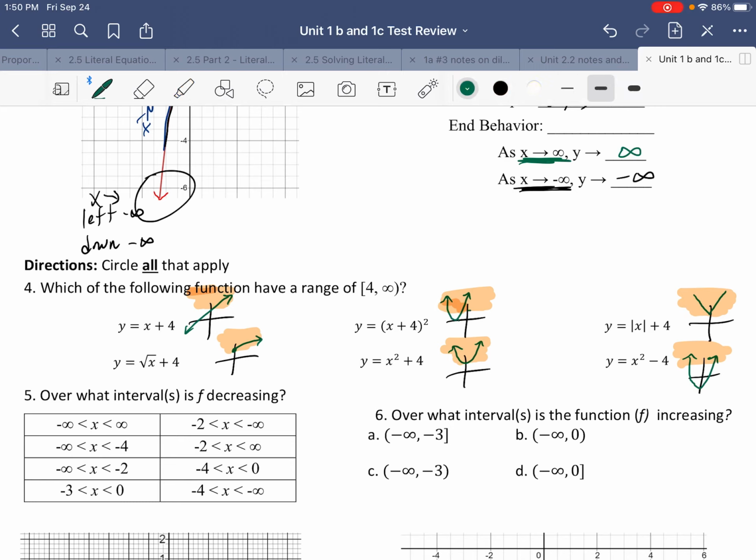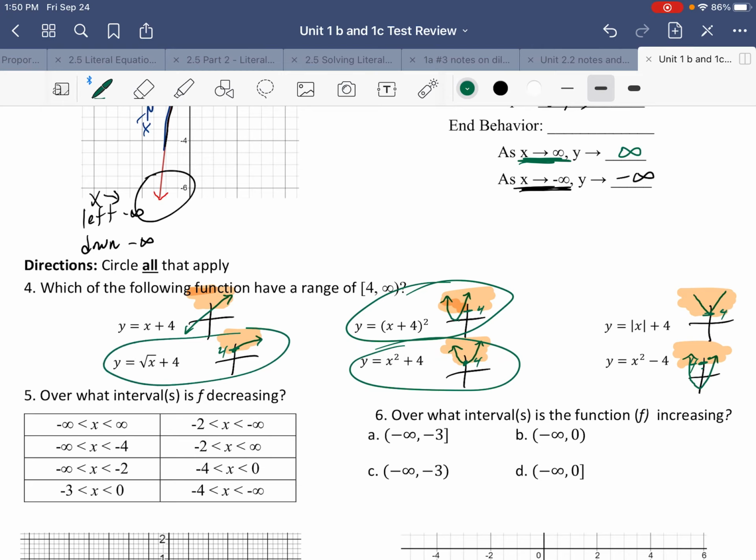This point 4 is somewhere around here, 4 at the y value. So it looks like the only ones that work are this one, this one, this one, and this one. There we go.